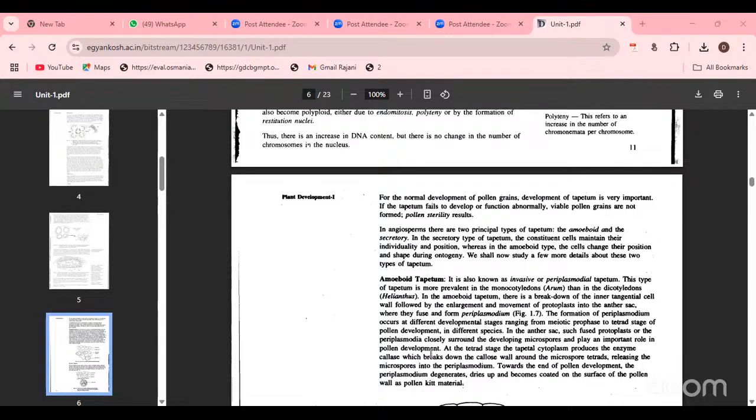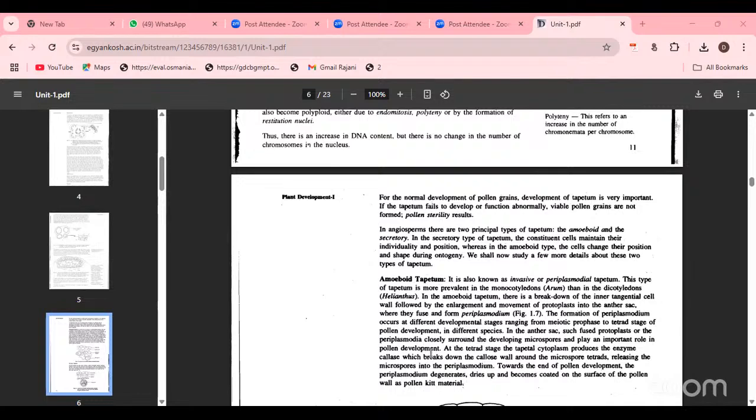At the tetrad stage, the tapetal cell cytoplasm produces an enzyme, callase, which breaks down the callose wall around the microspore tetrads, releasing the microspores into the periplasmodium.